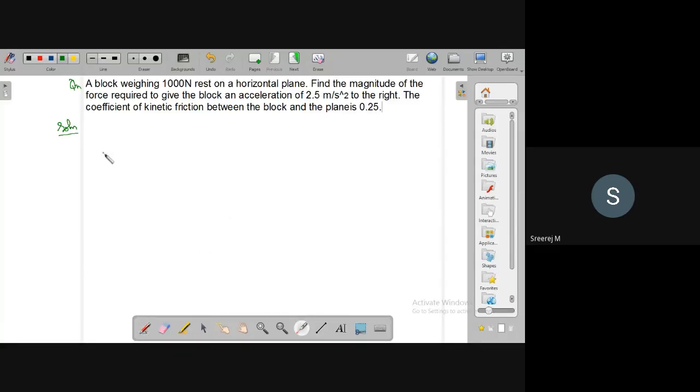Now we'll see the question. A block weighing 1000 Newton rests on a horizontal plane.